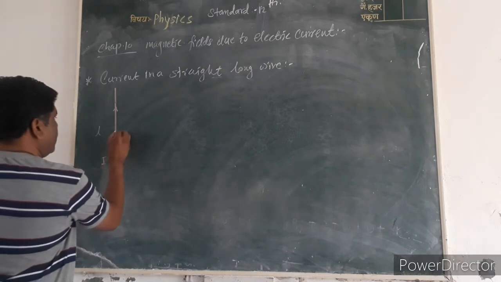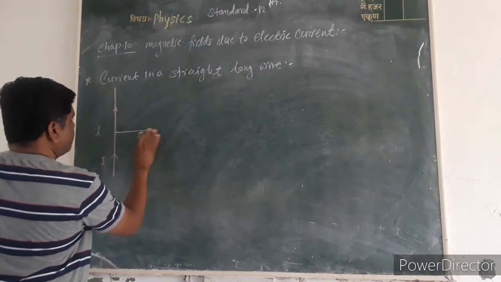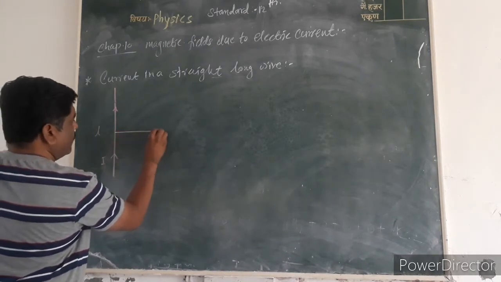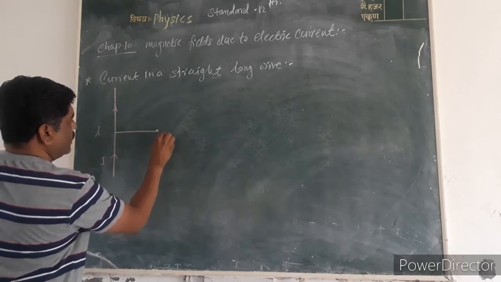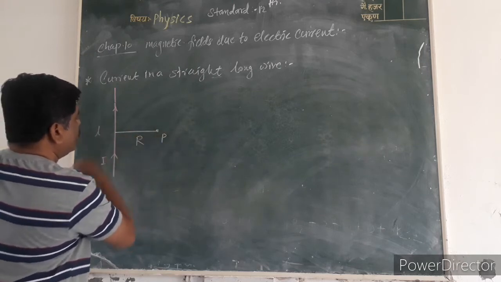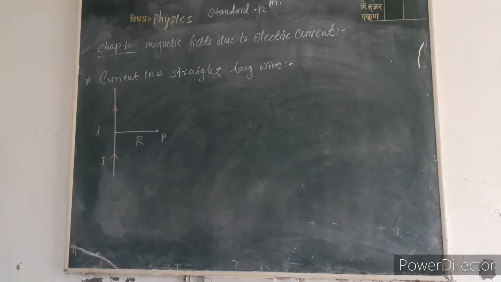Let a point P be at perpendicular distance R from the wire.